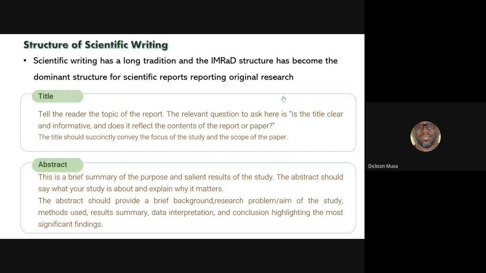Citations should not come into the abstract. Then followed by the summary of the results and the interpretation of the result. And finally, the conclusion. The conclusion should highlight the most significant finding in the research. So that is what the abstract is about.